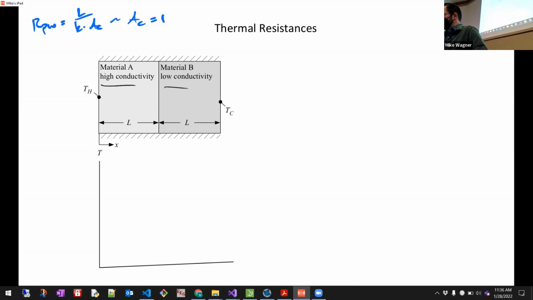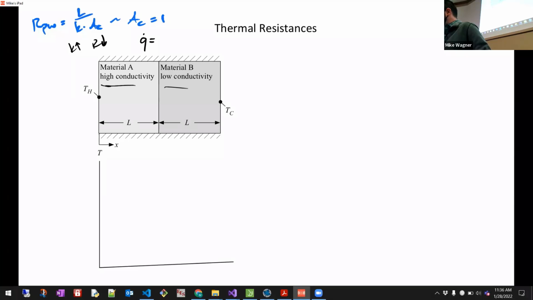If we have a material with high conductivity, so if K is high, what does that say about the resistance? The resistance is low, right? And so then R is low. Given a fixed Q dot, if Q dot's not changing in the material, here we have insulation on the top and bottom, so Q dot would not be changing.